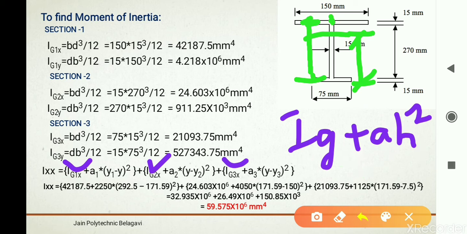Next, in section 2, this is going to be Ig2x, this is going to be area 2, and this is going to be h2 square, right? So how do we find this h2 now? Let us try to understand h2.